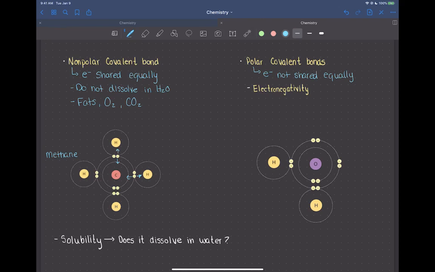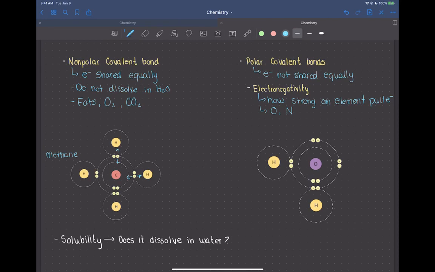So we say it's very electronegative, right? So how electronegative is how strong an element pulls electrons. We'll squeeze that in there, okay? So very electronegative elements pull on electrons very strongly. So an example would be oxygen is extremely electronegative, and so is nitrogen.